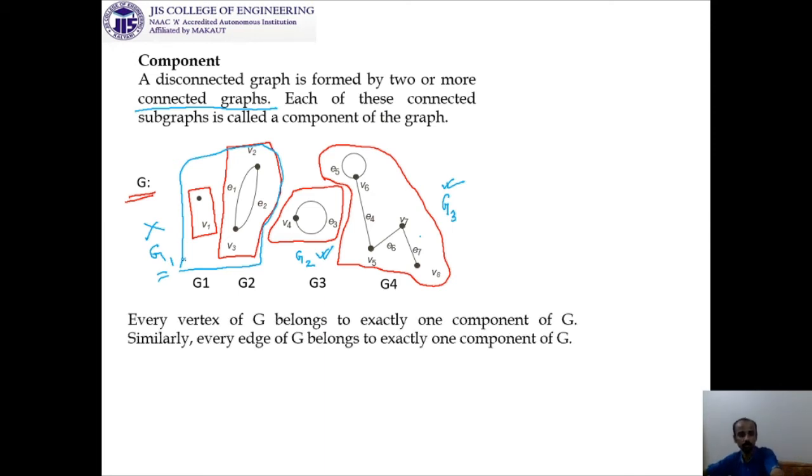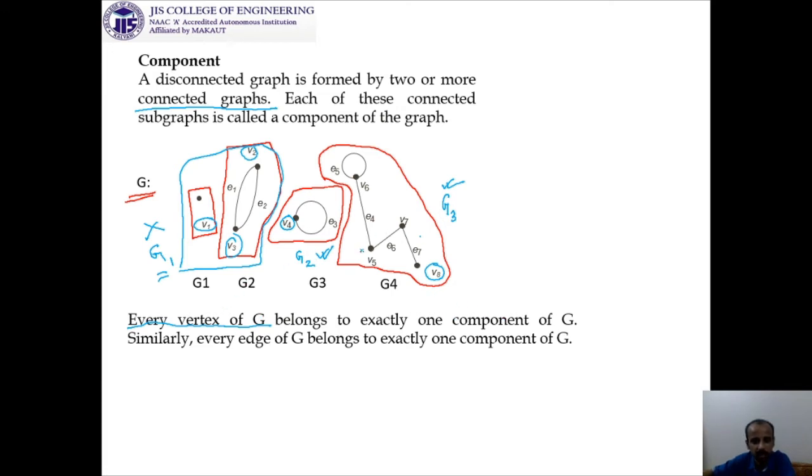Now let us move forward. Every vertex of G belongs to exactly one component of G. Look at this. Here our G contains V1, V2, V3, V4, V5, V6, V7, V8. So every vertex of G belongs to exactly one component.